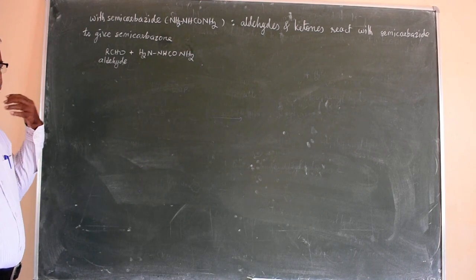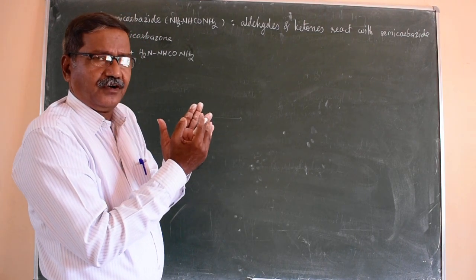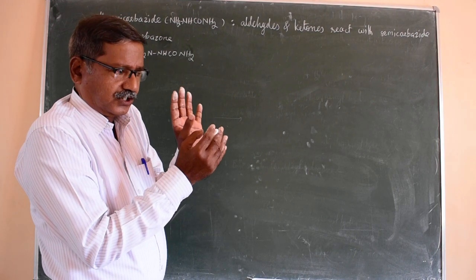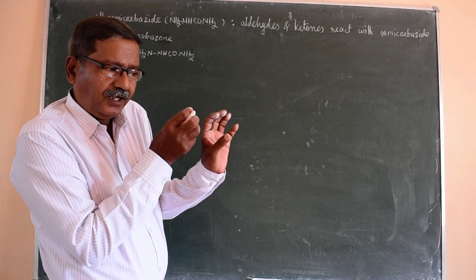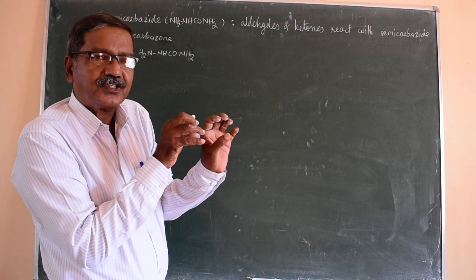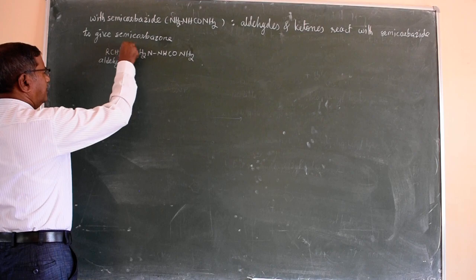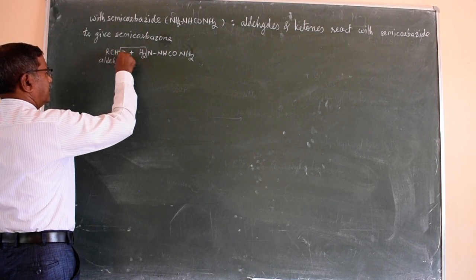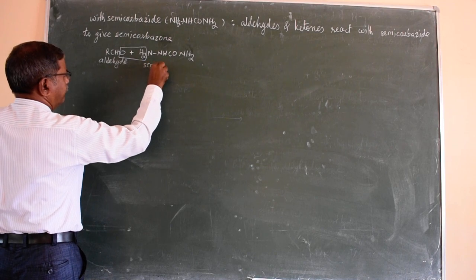In this form also you can remember NH2, Z, derivative of ammonia. The Z group is not involved in elimination. Only the hydrogen of the NH2 group is involved in elimination. So this is semicarbazide.